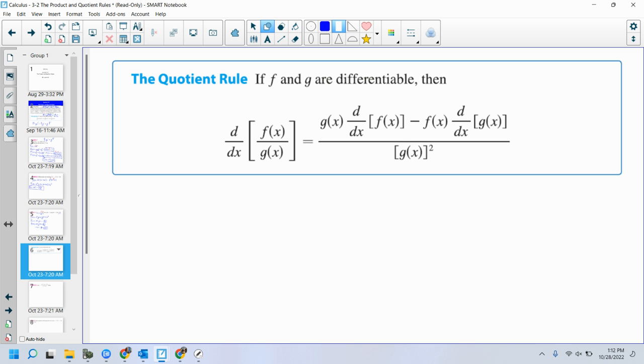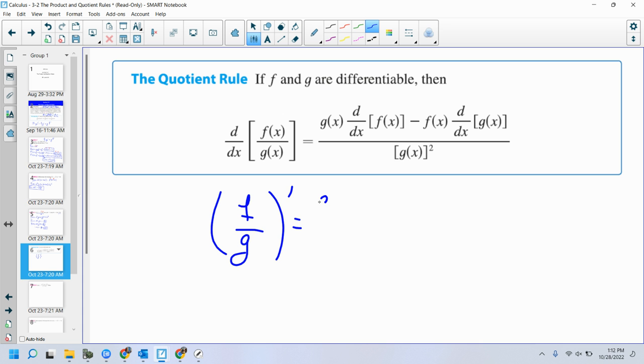Let me say that one more time. g of x times the derivative of f minus f times the derivative of g divided by g squared. So this is how I like to write it. We got (f over g) prime is going to be equal to g f prime minus f g prime all over g squared. That's how I like to visualize it.